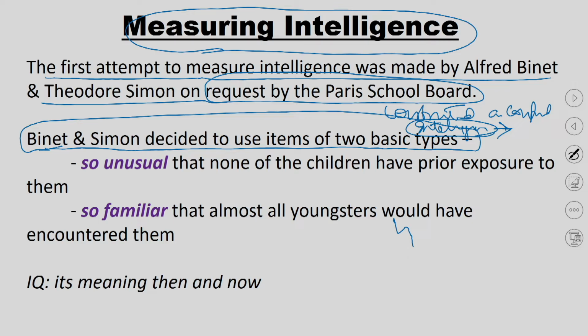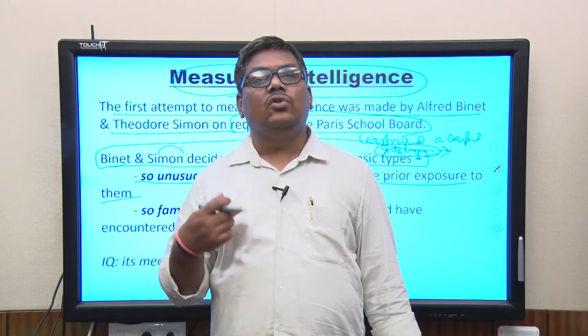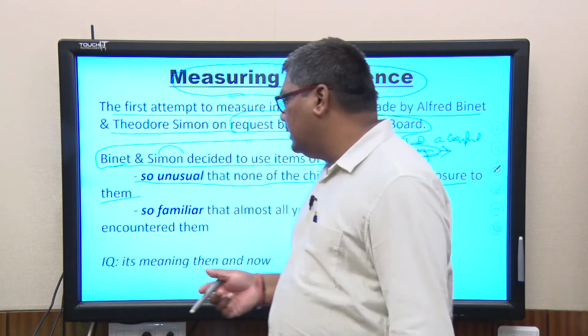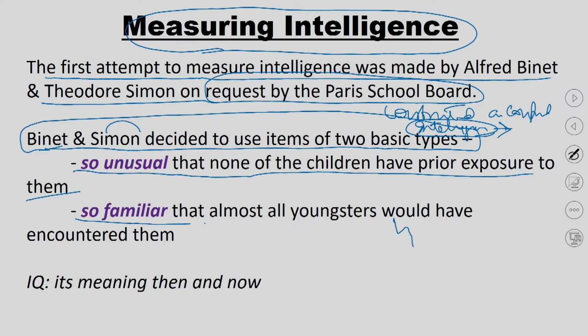Now, what does this test have? The Binet-Simon test had items which were so unusual that none of the children had prior exposure to them. Some questions were so unusual that none of the children were able to solve them, and some questions were so familiar that almost all youngsters would have encountered them. So, there are two kinds of questions.